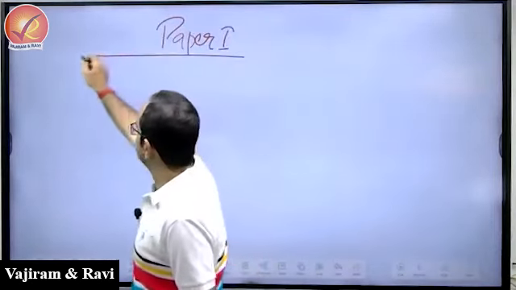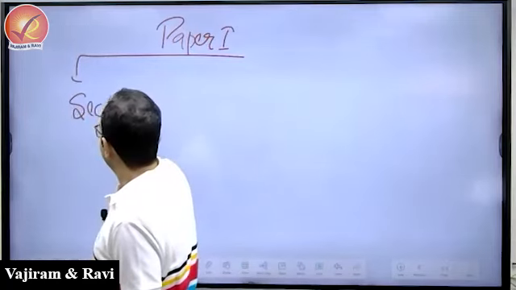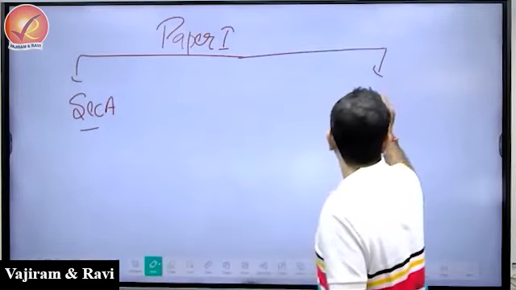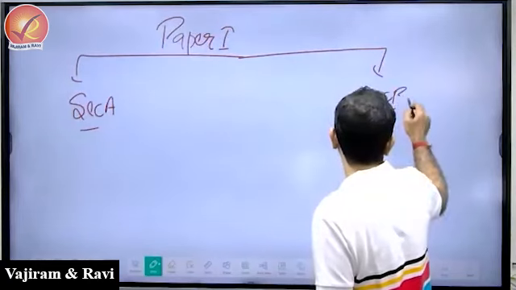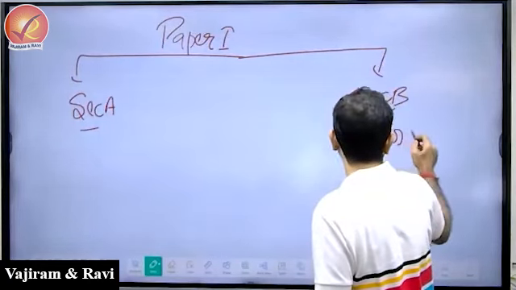Now, this paper 1, as I say, consists of section A and section B. Section B, as I said, is Indian government and politics, IGP.